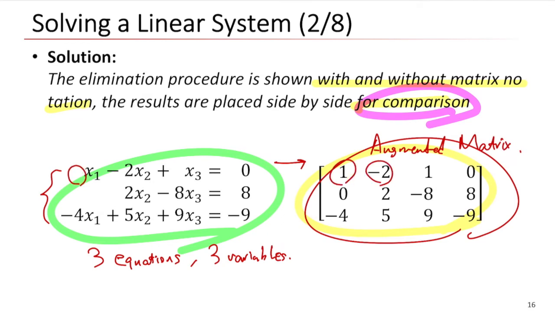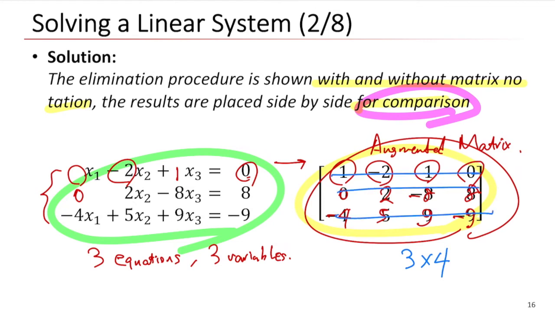These coefficient values are from here, right? Because there is the 0 here, we can write 0, 2, -8, 8, -4, 5, 9, -9, right? So this is the augmented matrix. What is the size of this augmented matrix? 3 by 4, right? Because there are 3 rows and 4 columns. So this is an augmented matrix.